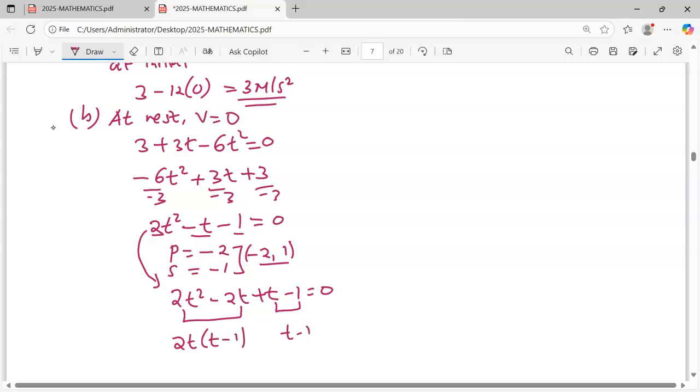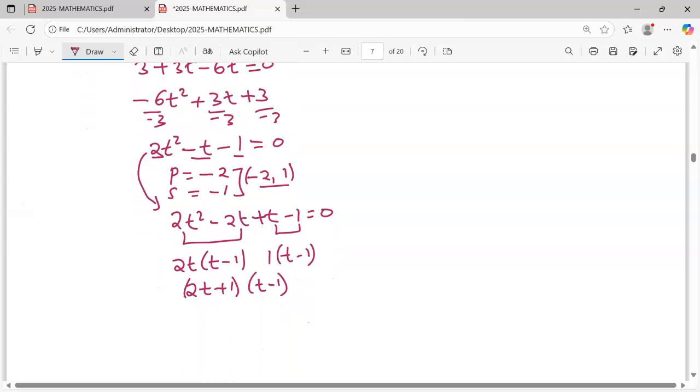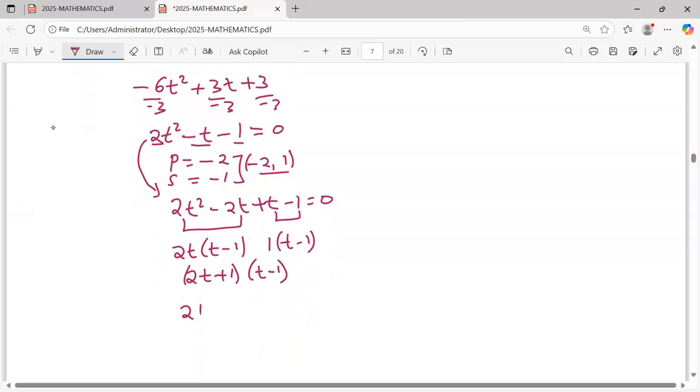Again, we have t - 1, and the common factor between t and -1 is 1. Then we have (2t + 1)(t - 1) = 0. From there, 2t + 1 = 0, then 2t = -1. Dividing both sides by 2, t = -1/2.